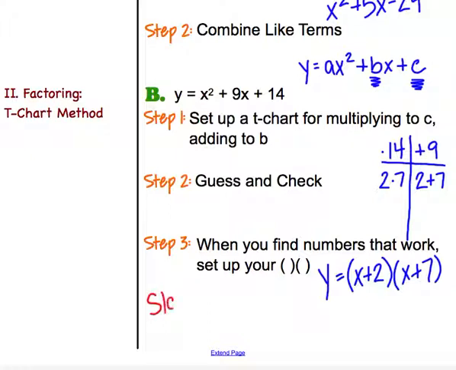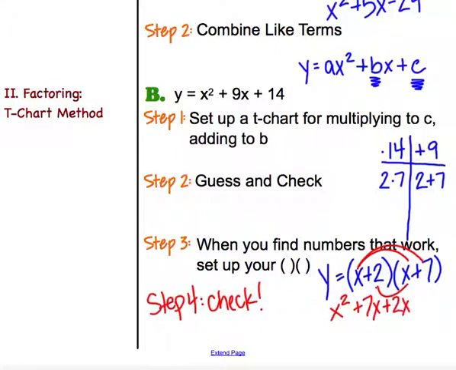Now, one thing that I do want you to add in there is I actually want you to add in a step 4, and I want you to put in to check. The beauty of this is that we can go back the other direction by foiling it back out to make sure that it works. So if I FOIL this, x times x is x squared, x times 7 is 7x, 2 times x is 2x, and 2 times 7 is 14.